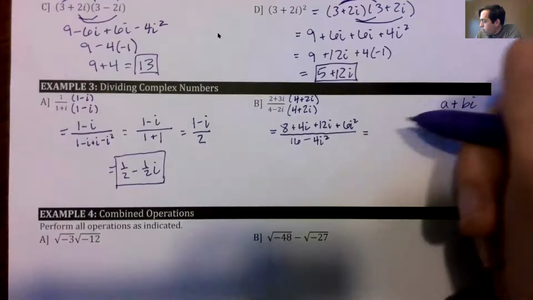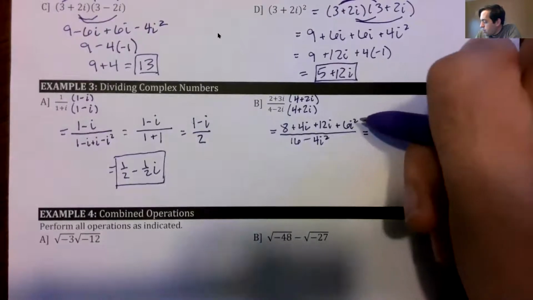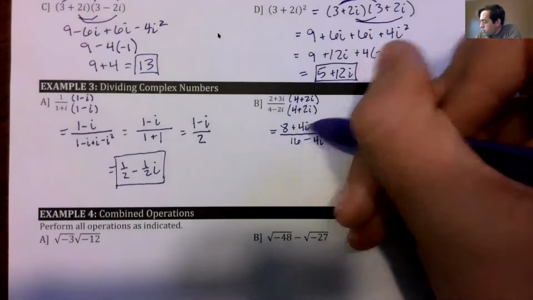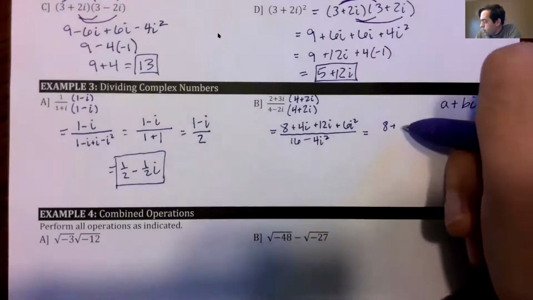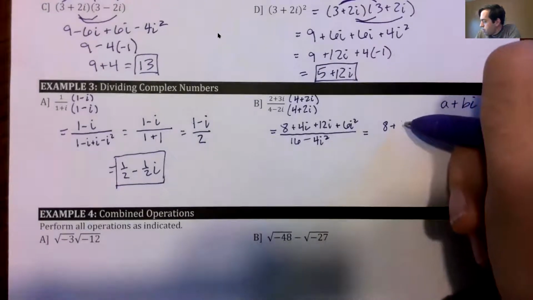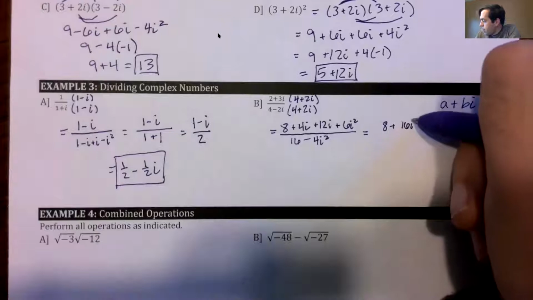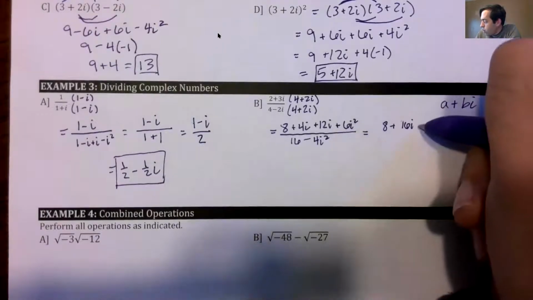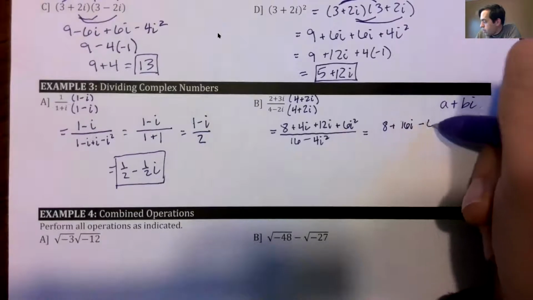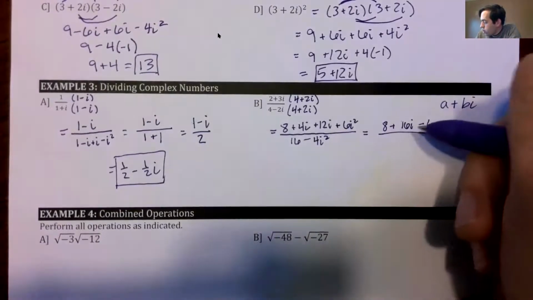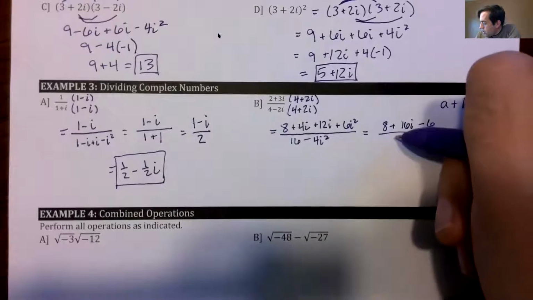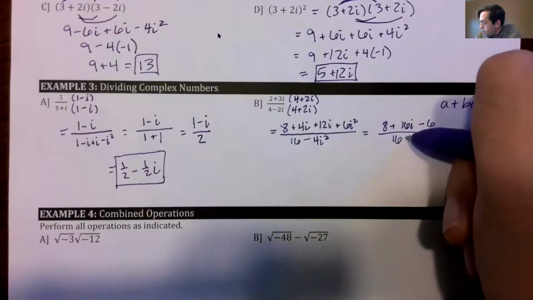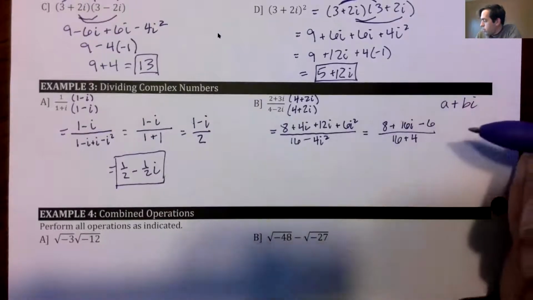So on top, we can combine to get 8 plus 4 plus 12 is 16i. Yep. Okay. And then we have 6 times negative 1, really. So that can be minus 6 over 16 plus 4, right? Because the i squared becomes negative 1.